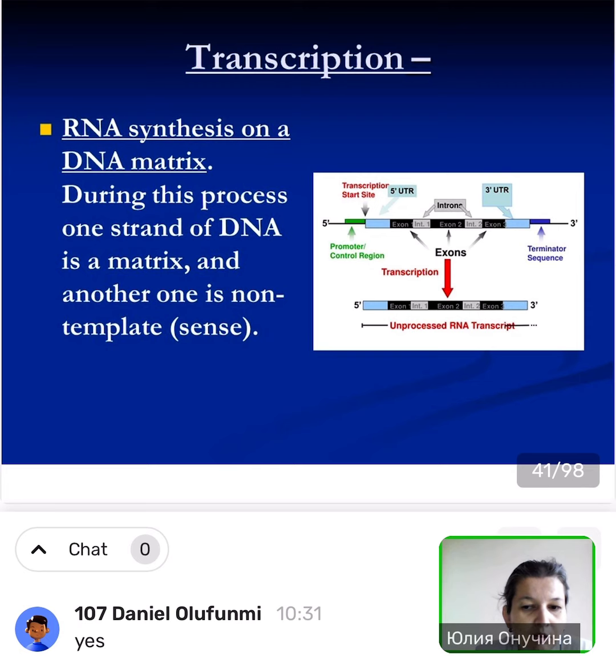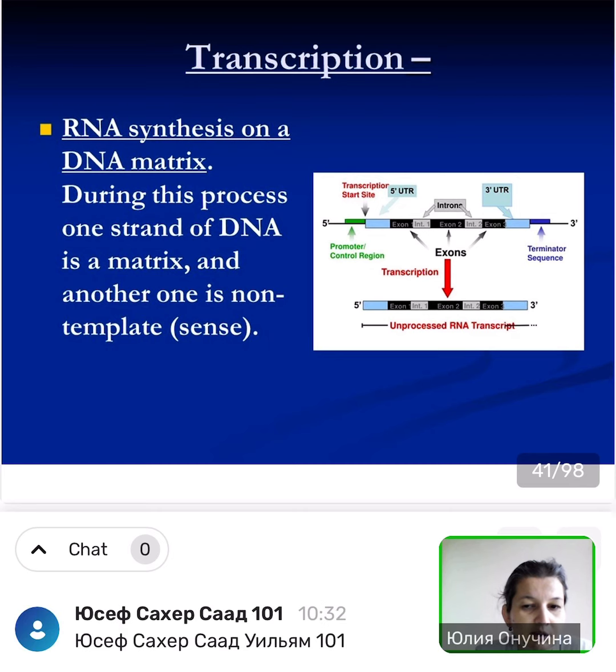After transcription, all exons and introns will be in the RNA sequence. So this is also not mature RNA because it has introns. So after the transcription, we have premature mRNA that needs modifications.